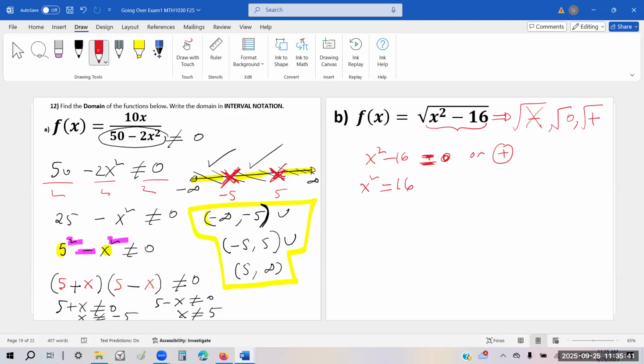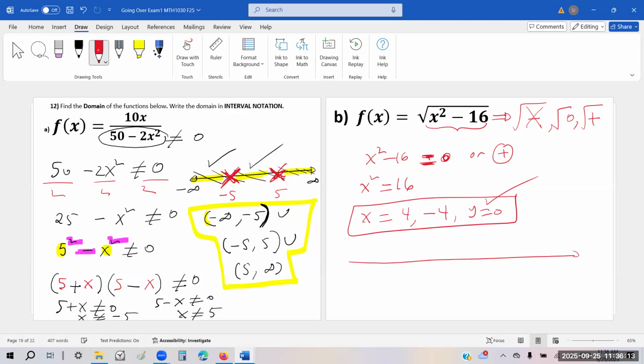What number when you square you get 16? One of them is positive 4 and the other one is negative 4. There are two numbers that when you square them turn into 16. So we know when x is 4 or -4, our y is 0, and that's acceptable. So we can use -4 and +4.